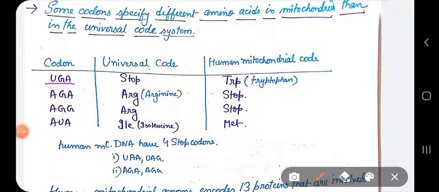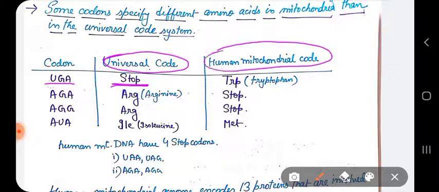You all know that UGA, UAA, and UAG code for stop codons universally. But in mitochondria, particularly in human mitochondria, UGA codes for tryptophan. So it is not following the universal codon system as we know.